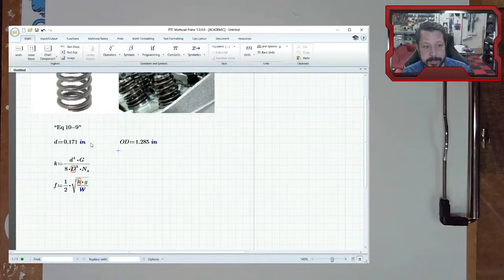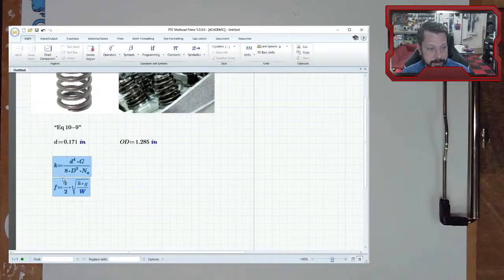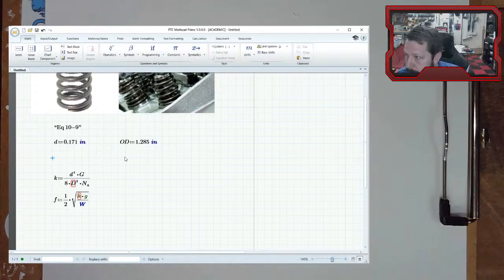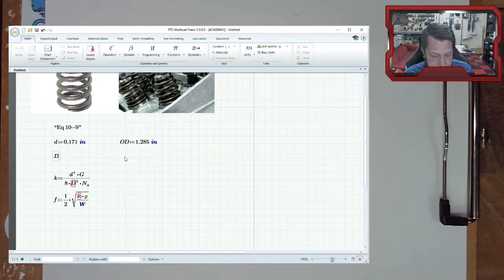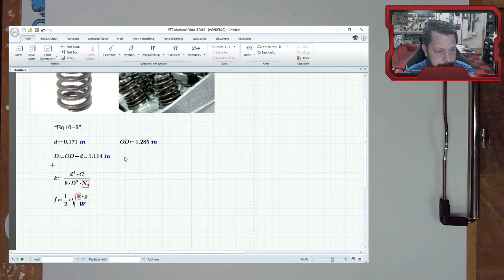And you can certainly get all of these details off of a valve spring manufacturer. They have all of these pieces of information available. So mean coil diameter is going to be the outer diameter minus the wire diameter. Technically it's the outer diameter minus 2 1/2 wire diameters, but that just adds to 1 wire diameter. Let's have that in inches.